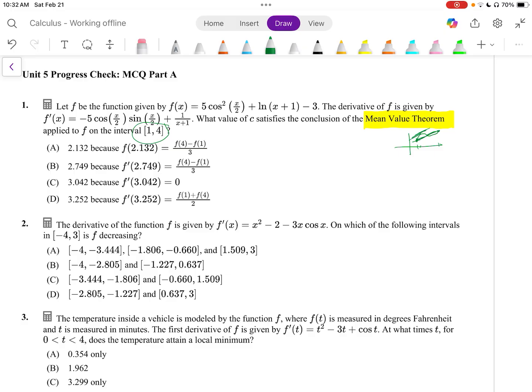So what we want here is the derivative of some value between 1 and 4 to be equal to the slope of that line.